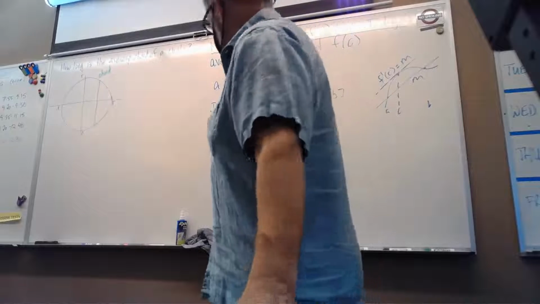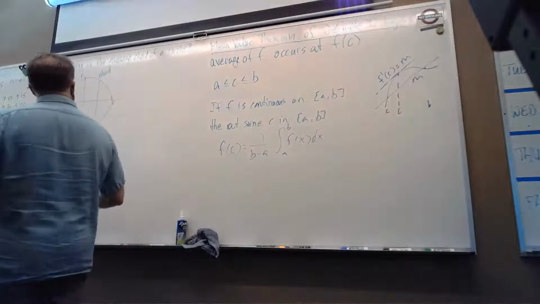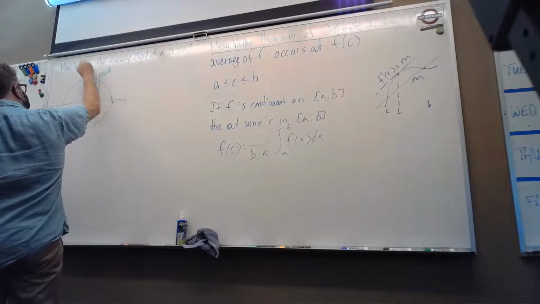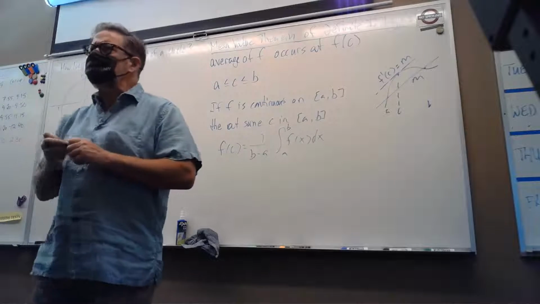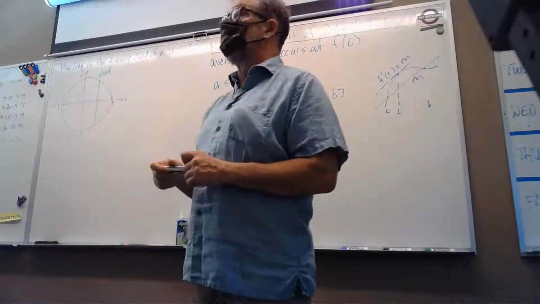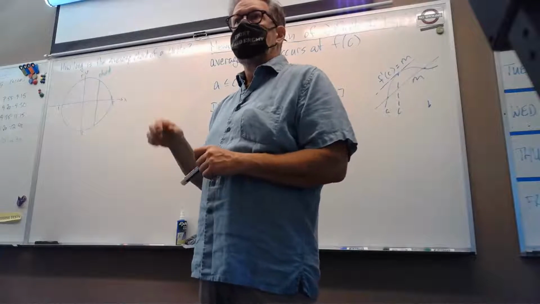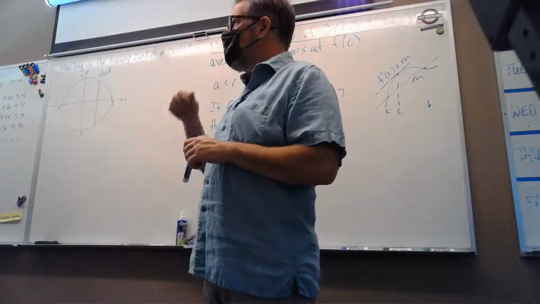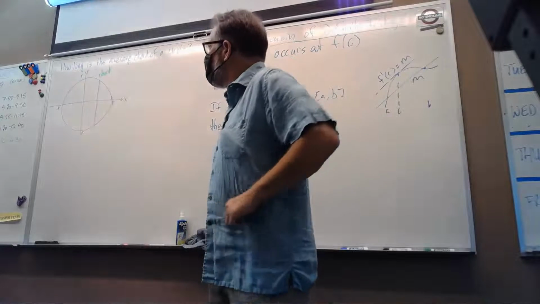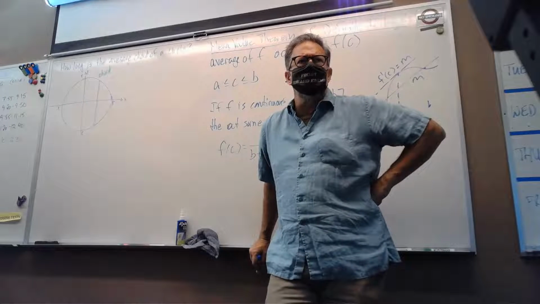So we got the x-axis, we got the y-axis. And the first thing we need to do is come up with a formula for the length of that chord. Any thoughts on how we might do that? Any information that we know that you think might be helpful?